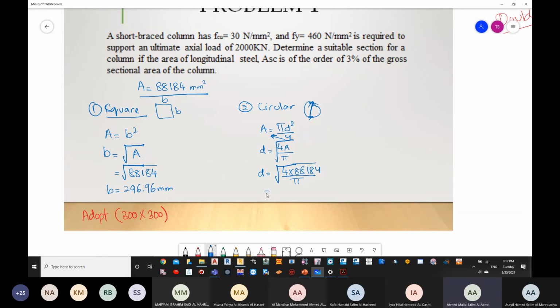Can you give me this value of diameter? Okay, so 335.08 mm. So what I'm going to say? I'm going to say adopt a circular column of diameter 340 mm.